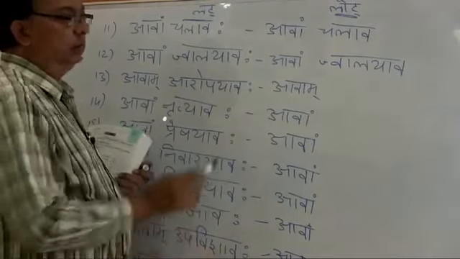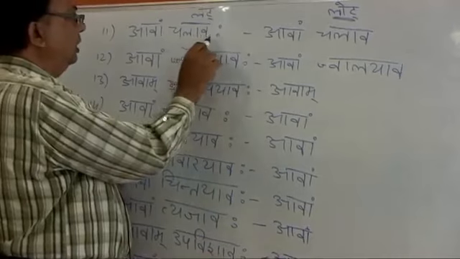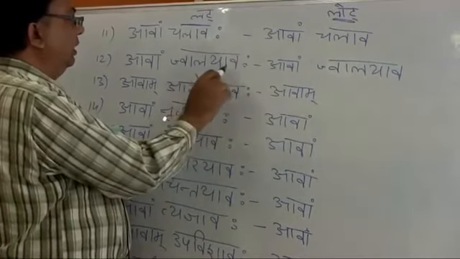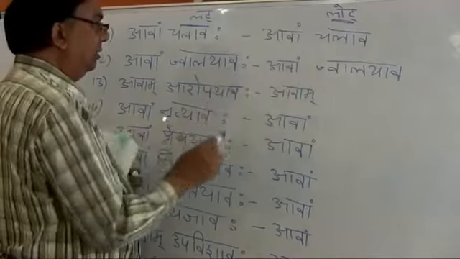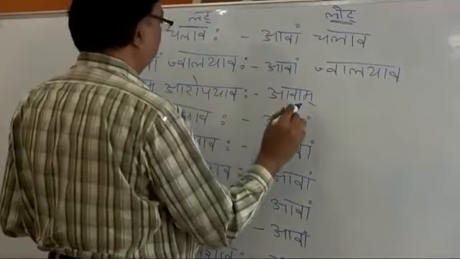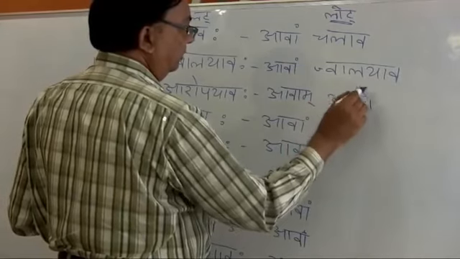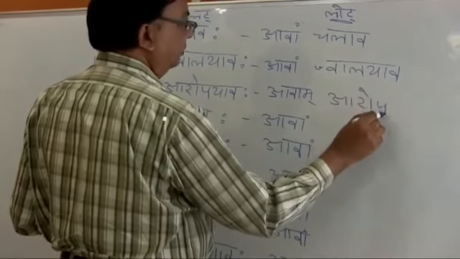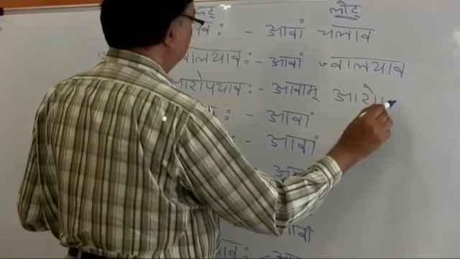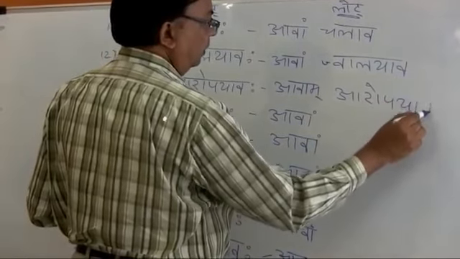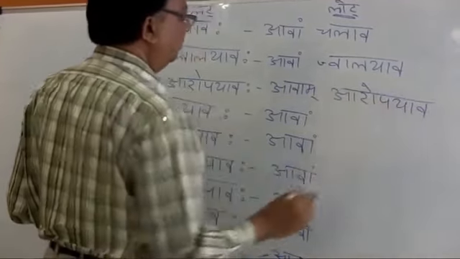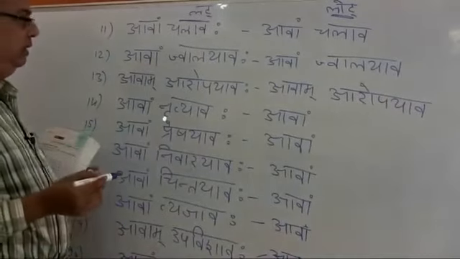Chalavaha becomes chalava. Jwalayavaha becomes jwalayava. Aropayavaha becomes aropayava. So removing the visarga, you are converting this verb into its imperative mood. Avam aropayava means let us climb or mount.